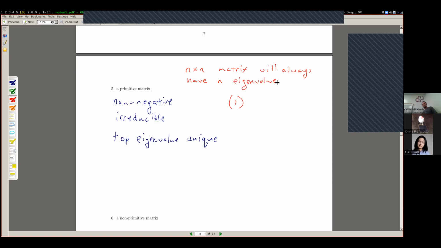Not necessarily unique eigenvalues, but there will be n of them. So a 1-by-1 matrix is going to have one eigenvalue, which means that eigenvalue must be unique. So this is a simple, trivial example of a primitive matrix, based on that discussion of how many eigenvalues a matrix has.